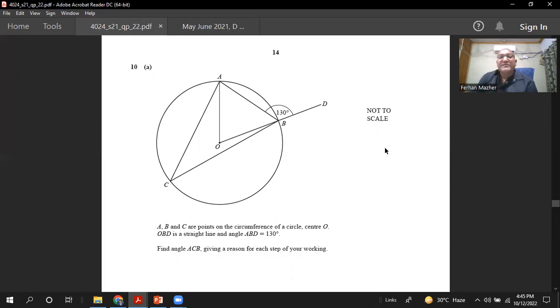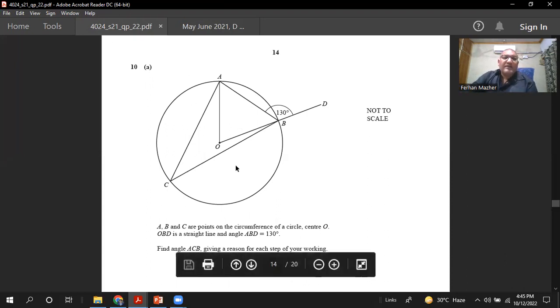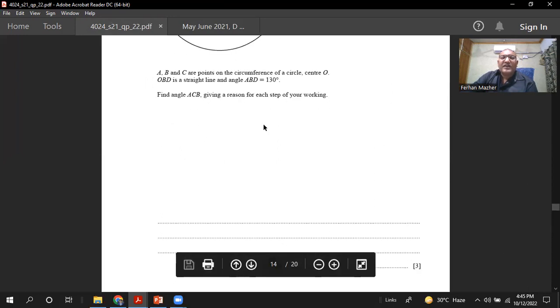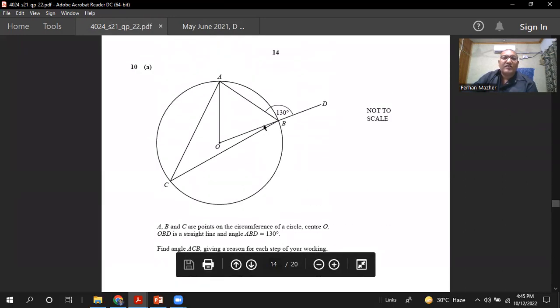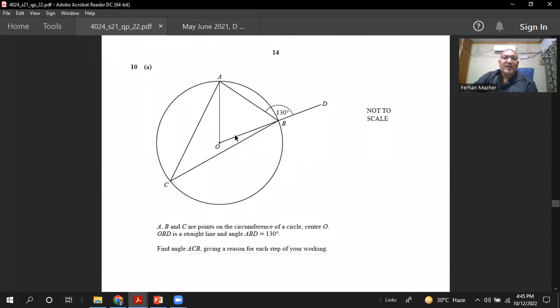Find the angle ACB. ACB is this angle. They want me to find out this angle, giving a reason for each step of your working. 3 marks question. So, OB is radius, OA is radius, OBD is a straight line.